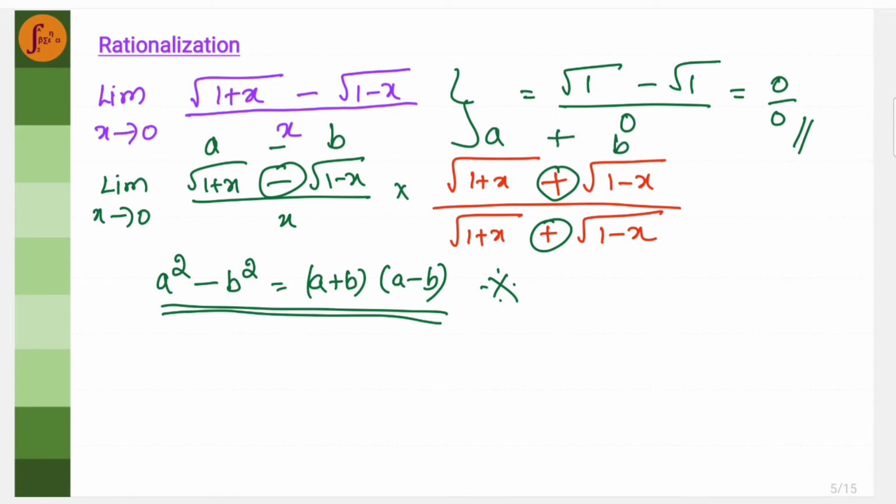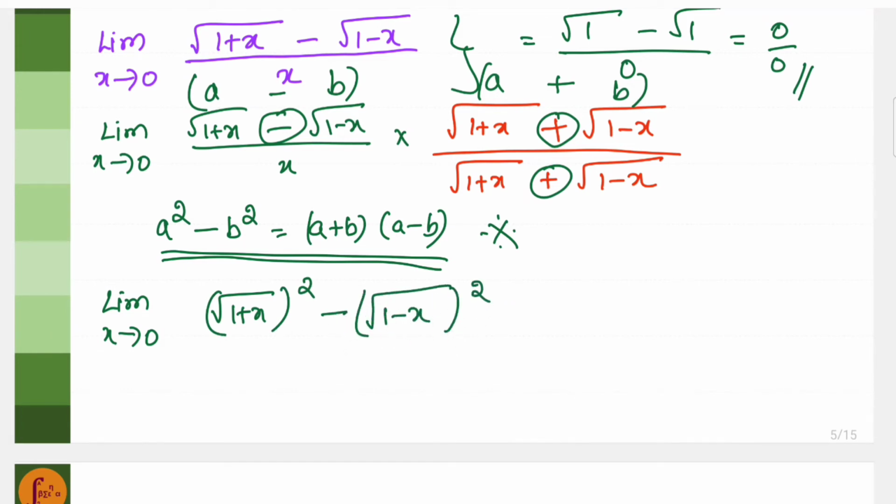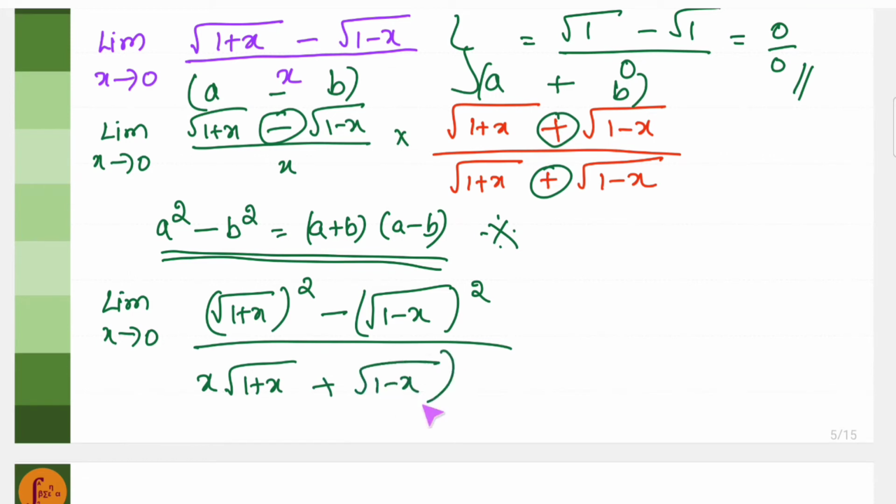This is of the form a minus b, and a plus b should give you a square minus b square, which means we will have to write this as root of 1 plus x the whole square minus root of 1 minus x the whole square, by x into root of 1 plus x plus root of 1 minus x.